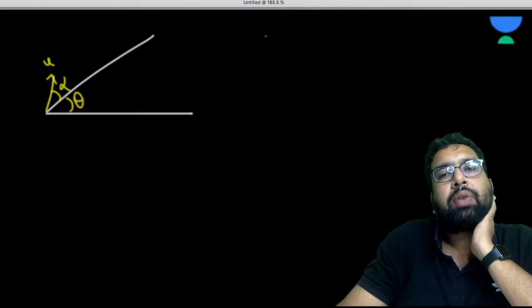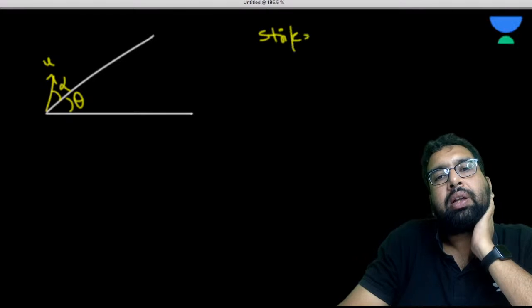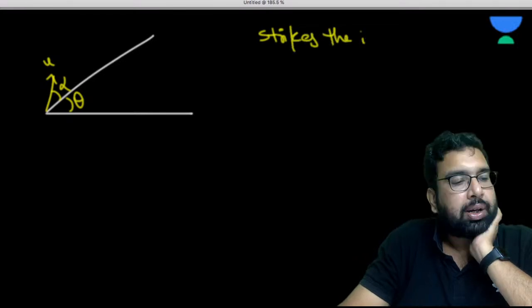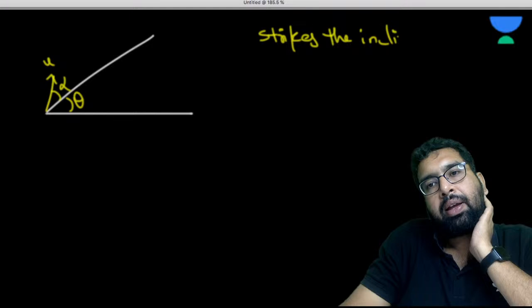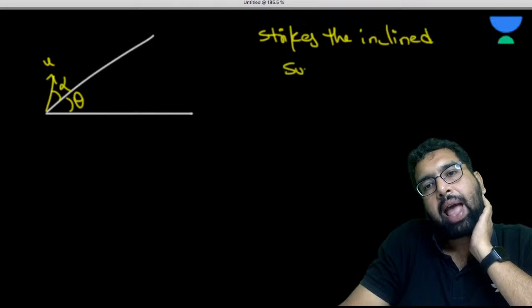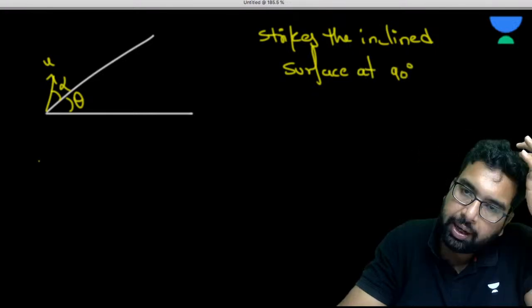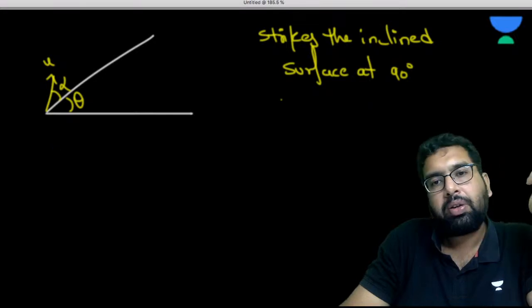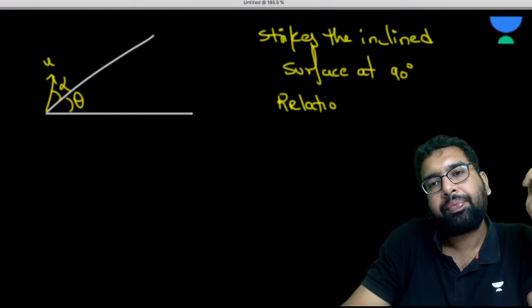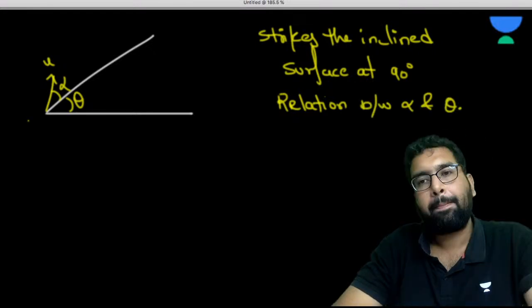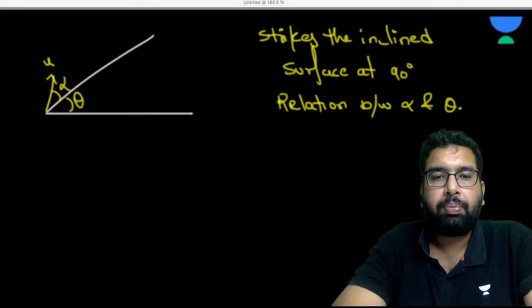Now if it strikes the inclined plane or inclined surface at 90 degrees, that is, it falls perpendicular to this inclined surface, what is the relation between alpha and theta in this case? Can you tell me that?